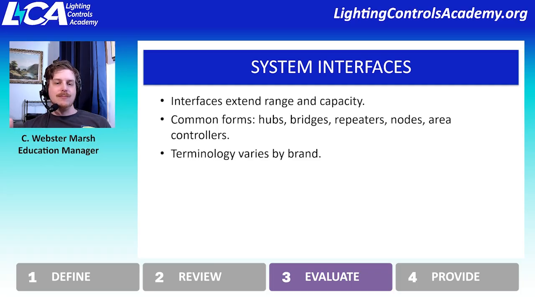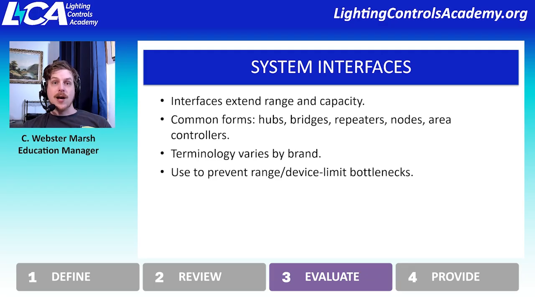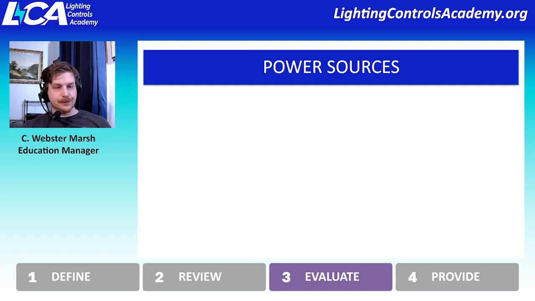Especially in mesh systems, you might need to add a repeater where you have a large gap between spaces. So these are the devices that are meant to help smooth that over. But the other thing is that they might be used if you have that bottleneck consideration where you have a lot of traffic going on. You might be able to use a system interface to reduce how much traffic is flowing through one single device.